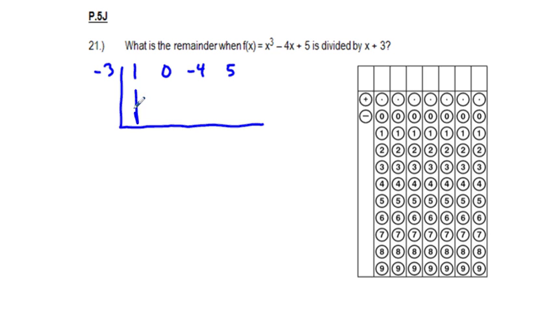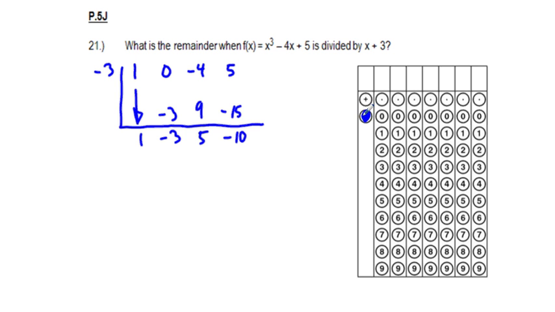If we bring down the 1, we get 1. -3 times 1 is -3, 0 plus -3 is -3, -3 times -3 is 9, -4 plus 9 is 5. We have -3 times 5 is -15, and 5 plus -15 is -10. So our remainder is going to be -10.